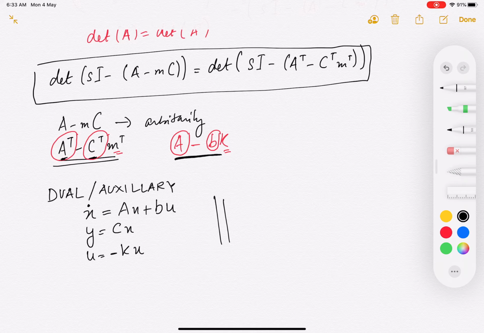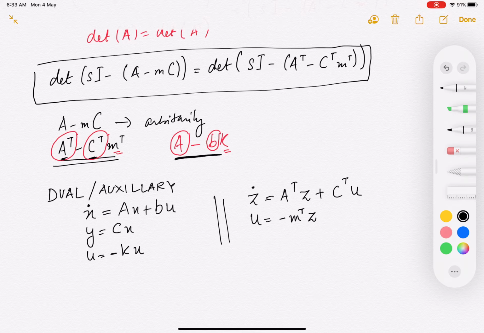So the dual system or the dual problem would be z dot is equal to A transpose z plus C transpose u. And the control law that you will be implementing on this would be u is equal to minus M transpose z.